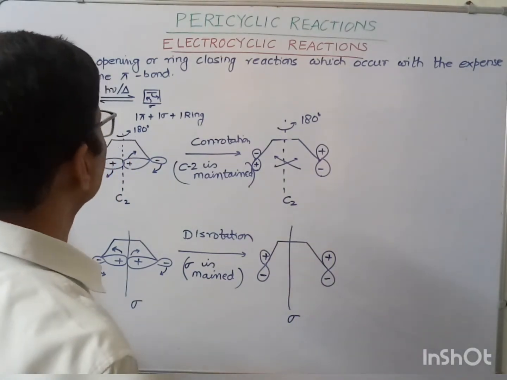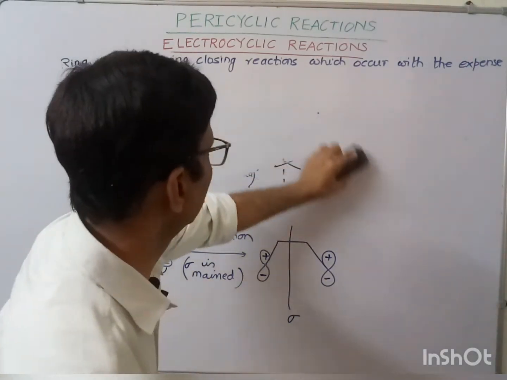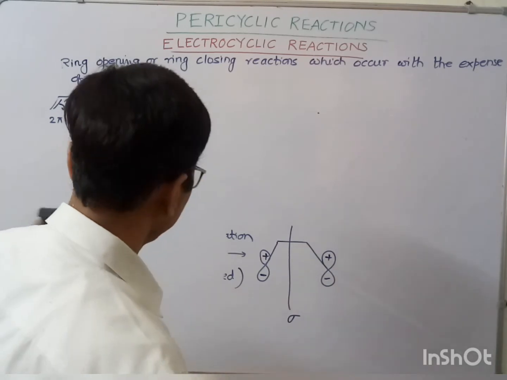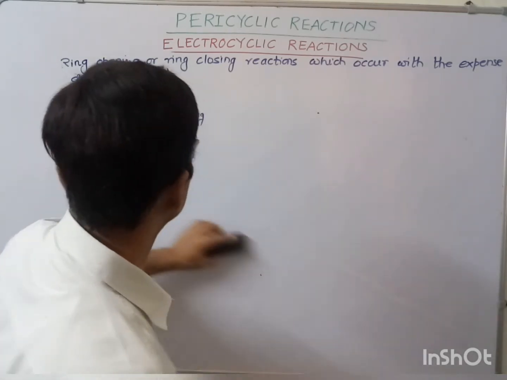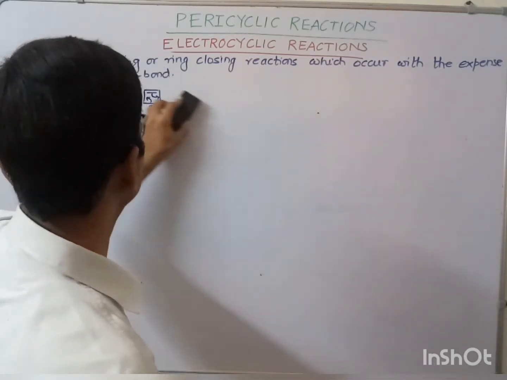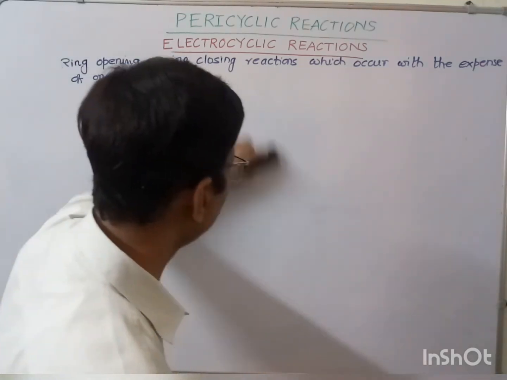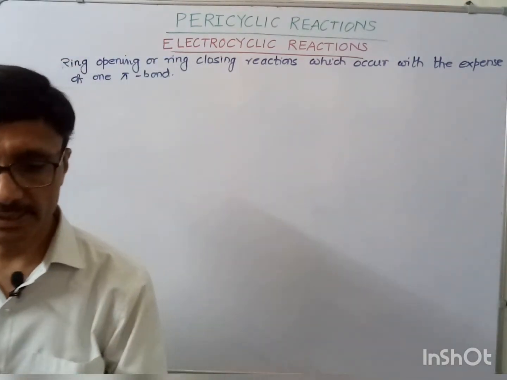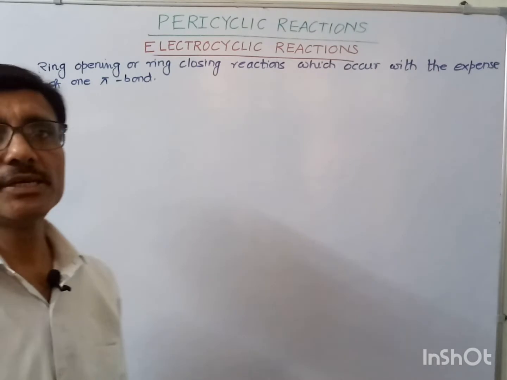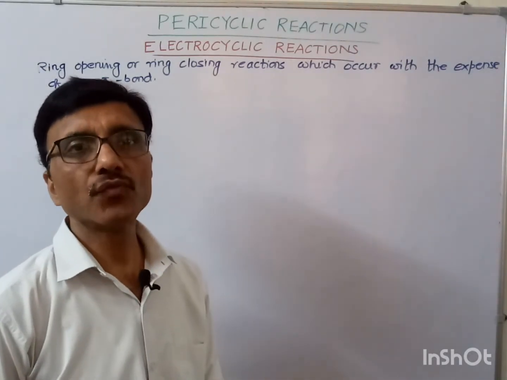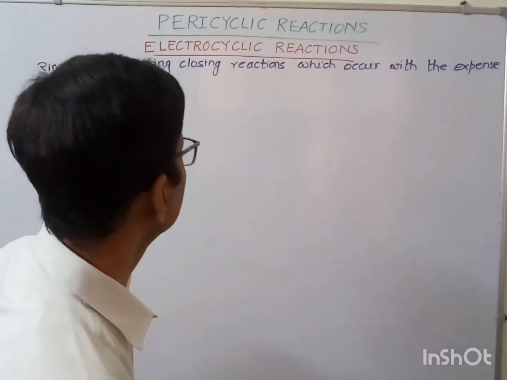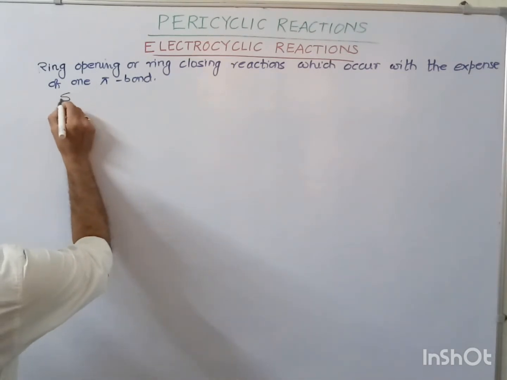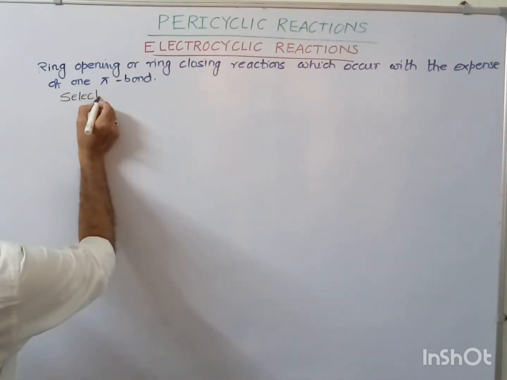Now let's see the selection rule. How may we arrive at the selection rule for the electrocyclic system?